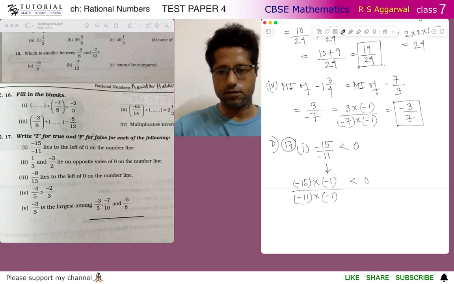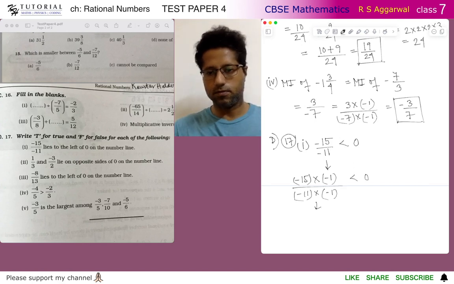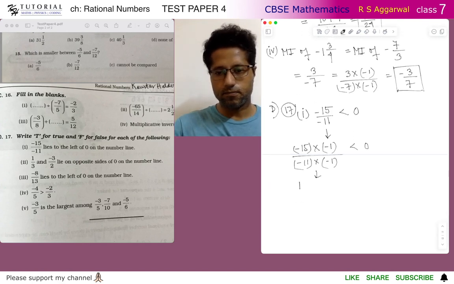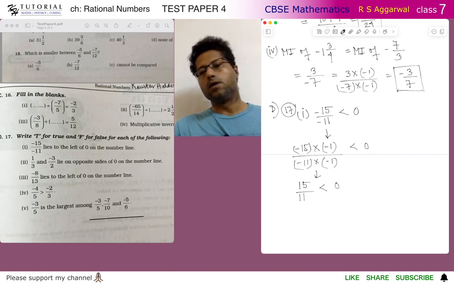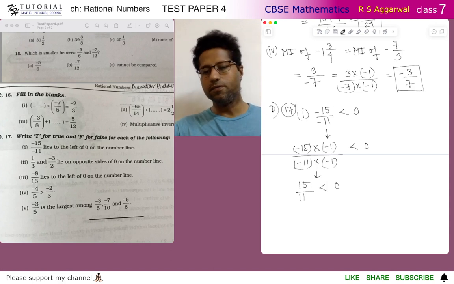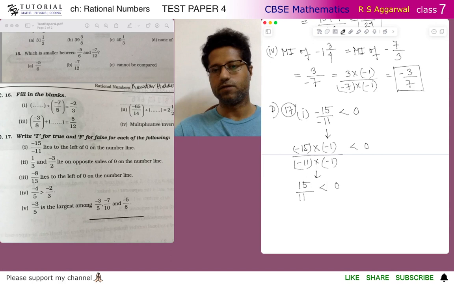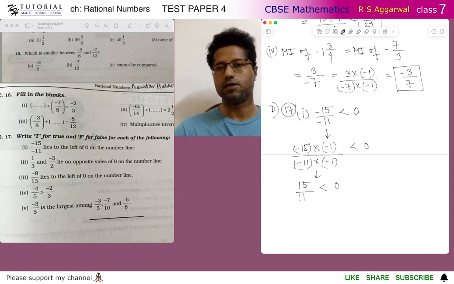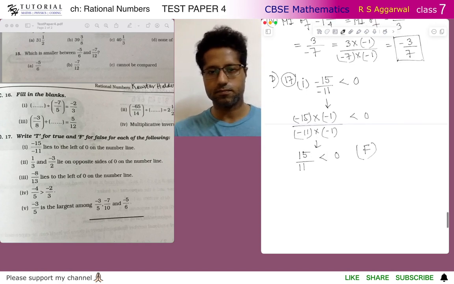So it becomes 15 by 11, and we have to check whether it is less than 0. Now 15 by 11 is a positive rational number, and we know that all positive rational numbers are greater than 0. So this is false.